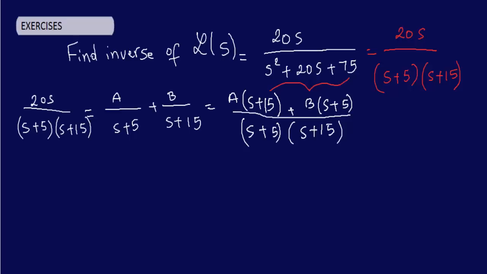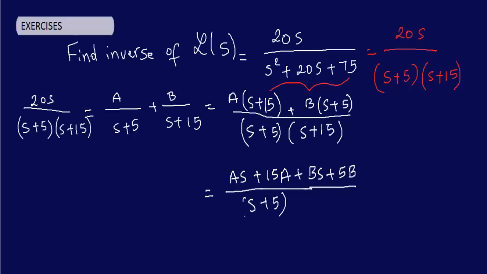Alright, so we are going to multiply this out again. A times s is As, A times 15 is 15A, plus B times s is Bs, plus 5 times B is 5B, over the denominator, which doesn't change, s plus 5 times s plus 15.